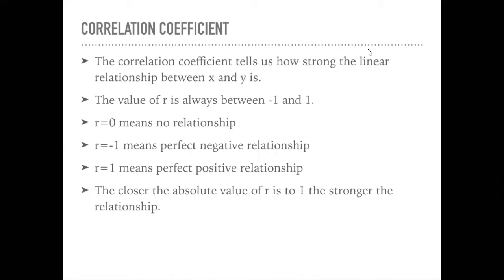So it's like we have a little bit of a spectrum here that we can be along. We have -1, 1, here's 0. No relationship there. Here's a positive relationship. Here's a negative relationship.